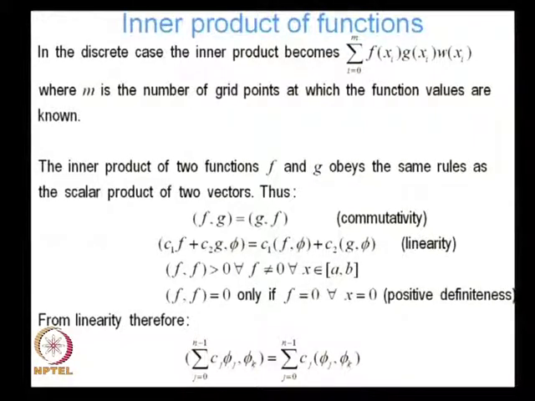From linearity, therefore, if I take the inner product of sigma C_j phi_j, j equal to 0 to n minus 1, with phi_k, I can write it like this. I can bring out my constants outside and calculate the inner product of each of those functions with phi_k, first calculate the inner product, scale it by my coefficient and add it together. It's a direct consequence of linearity.